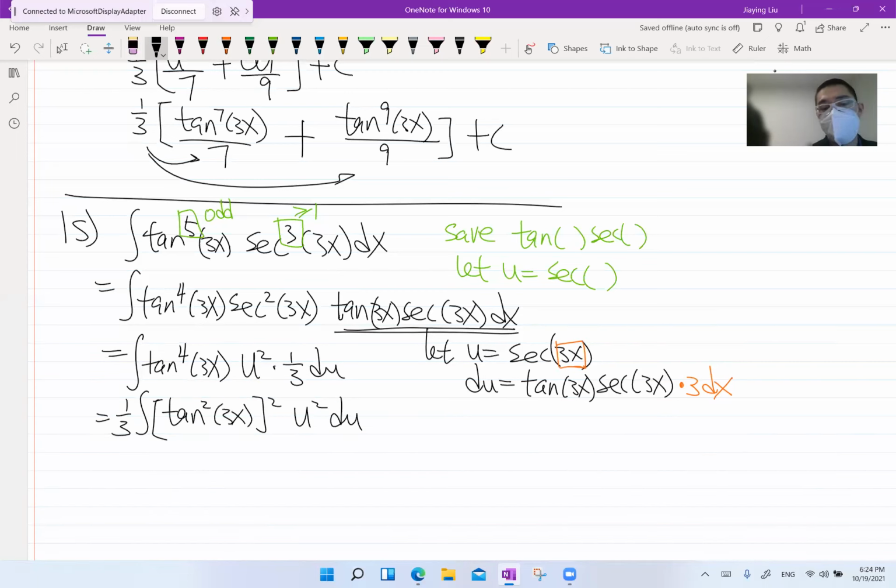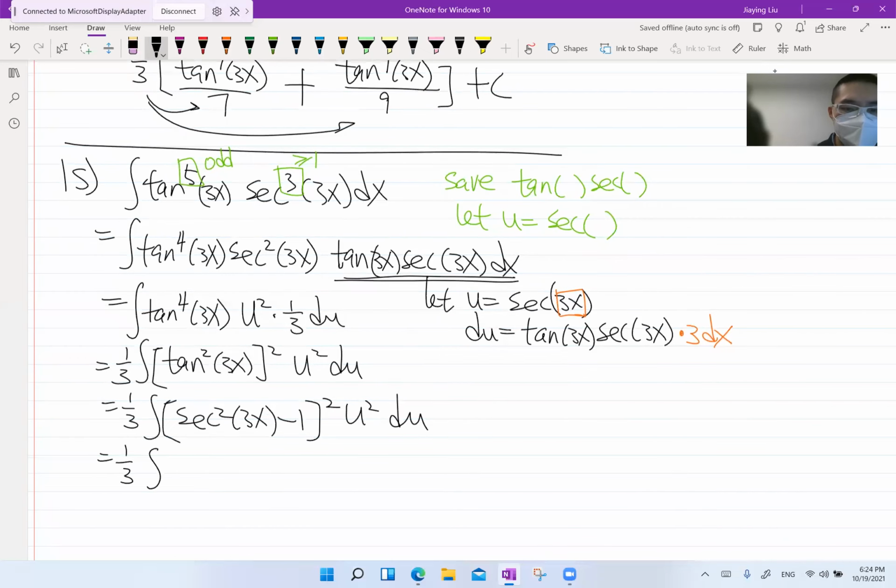And the tangent squared, we can rewrite using secant squared minus 1, because we know secant squared is u squared. That will give us the integral of u. So that will be 1/3 integral secant squared 3x minus 1 squared u squared du.